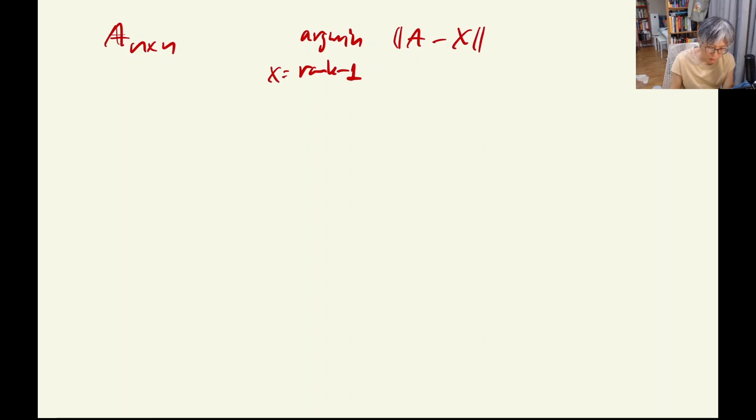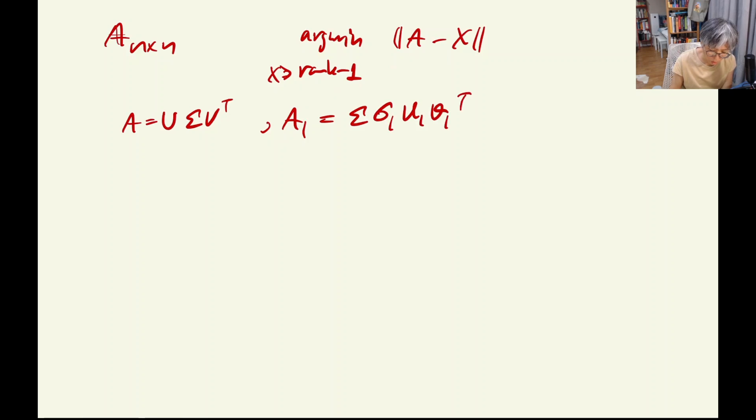What is the best X, where X has rank 1, that approximates A? By the Eckart-Young theorem, if A is U sigma V transpose, the best rank 1 approximation is going to be A1 that uses only sigma 1, U1, and V1 transpose, only the first term. For any other rank 1 matrix, the norm of the difference will be higher.